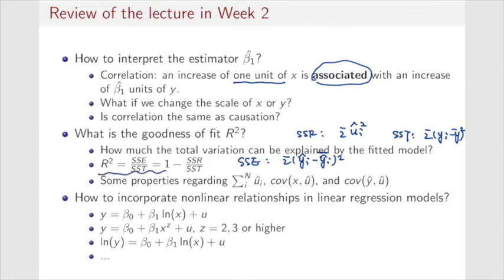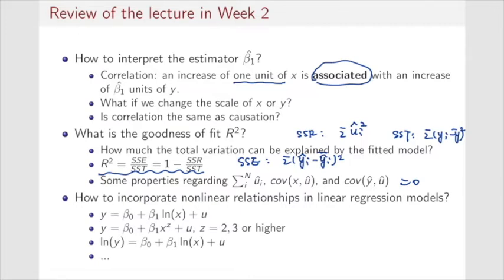The derivation of this equation depends on some properties: the sample mean of the residual, the covariance between x and the residual u hat, and the covariance between the fitted value y hat and the residual u hat are all equal to 0.